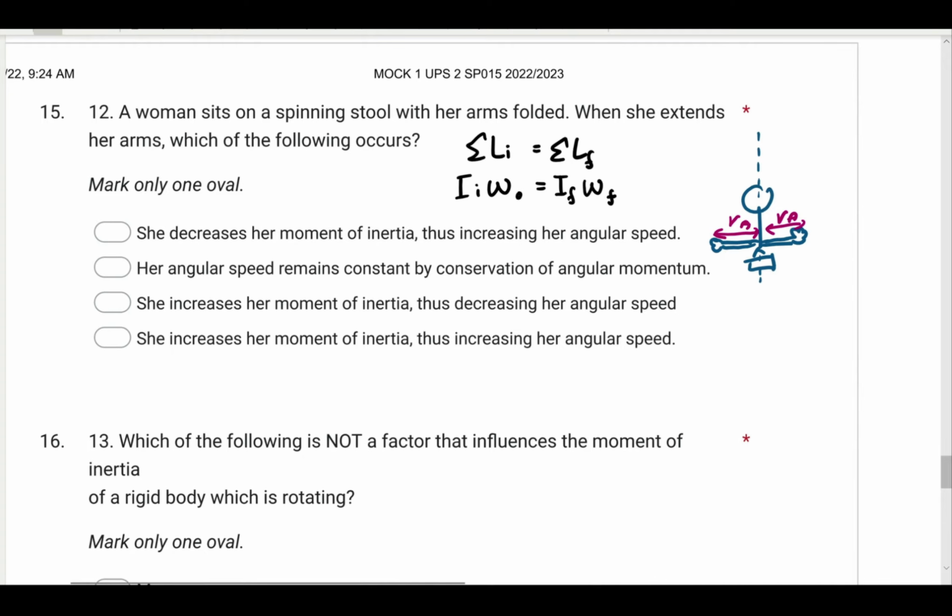So for the woman, we treat her as a particle. The moment of inertia for a particle, what is the formula? mr².